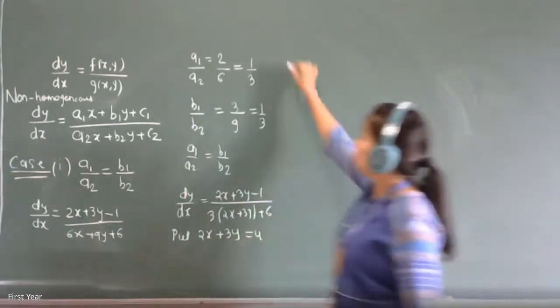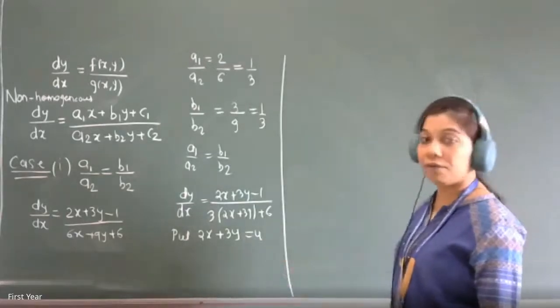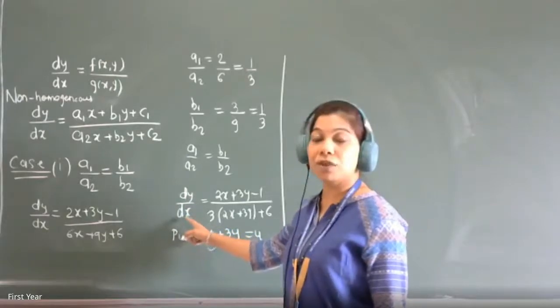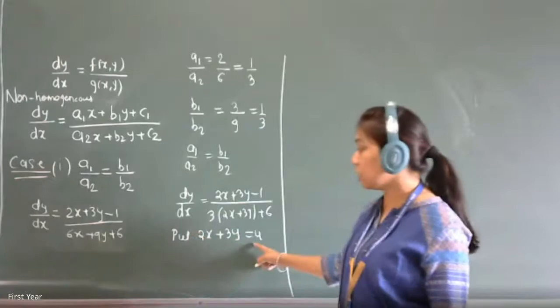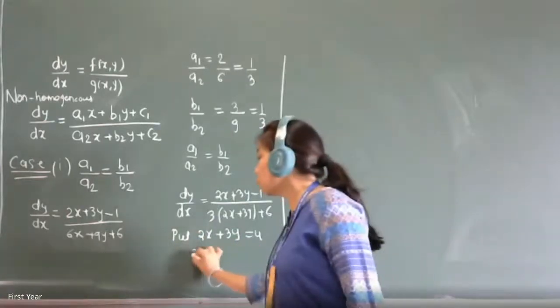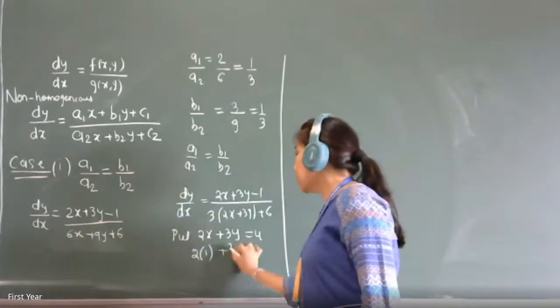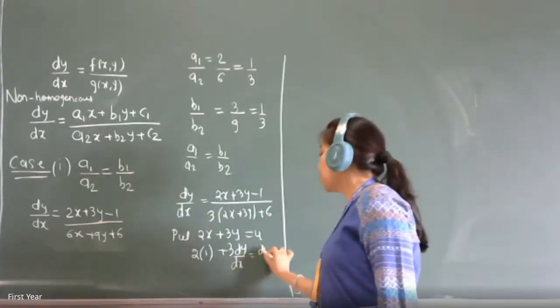Once you do this substitution, now what will be your derivative term, dy by dx? I have to differentiate with respect to x. So differentiate this equation with respect to x. It is 2 into derivative of x with respect to x, which is 1, plus 3 into derivative of y with respect to x, is equal to du by dx.